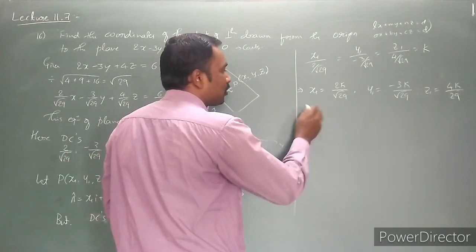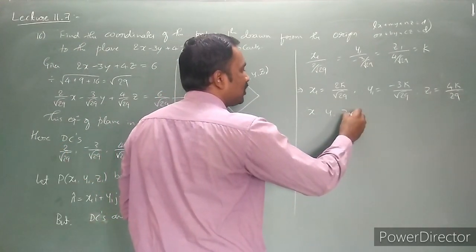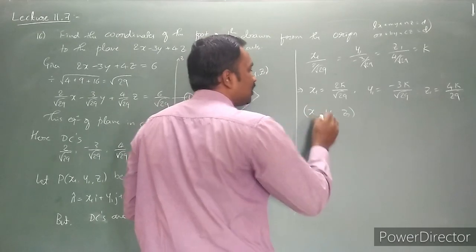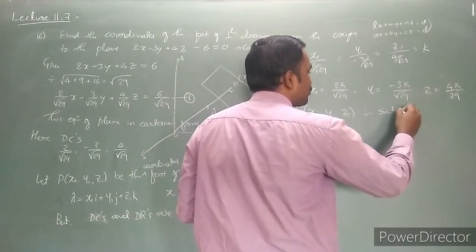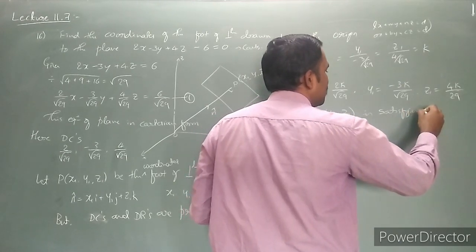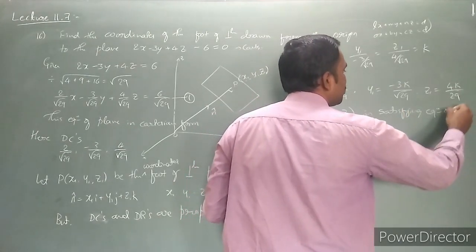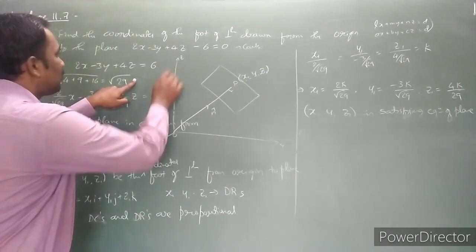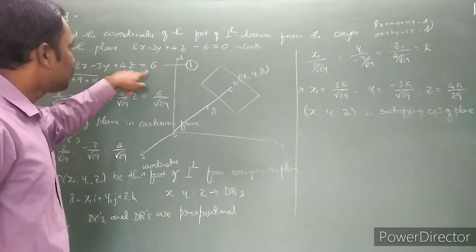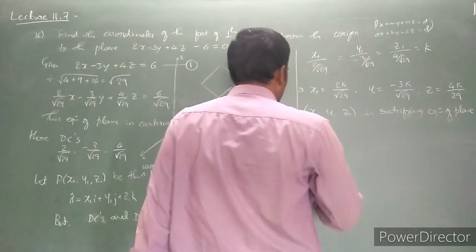The coordinates of the point P, x1, y1, z1, are satisfying the equation of the plane. I just consider the equation of the plane, this is the given equation of the plane.